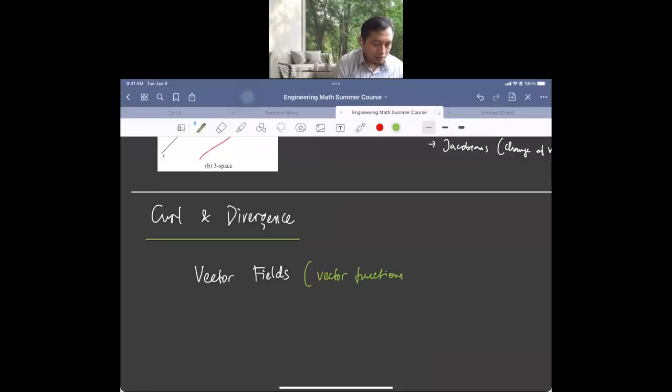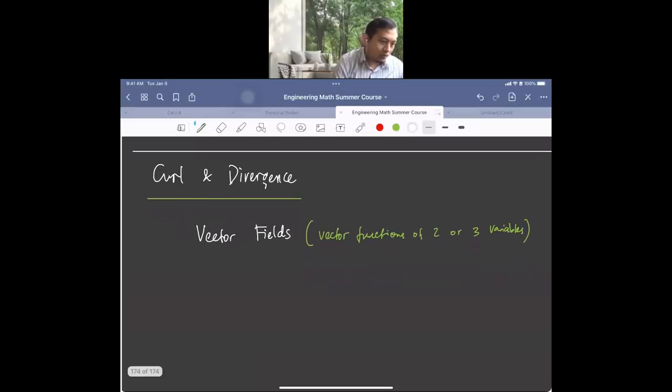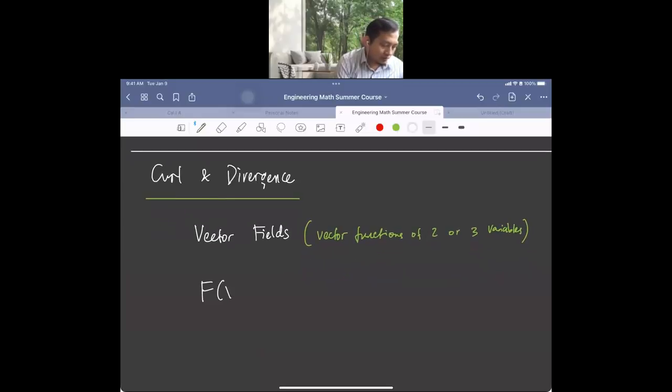Vector functions of 2 or 3 variables, which means we can define, let's say, capital F of x, y with a vector: a function P with the standard base vector i, plus Q j.